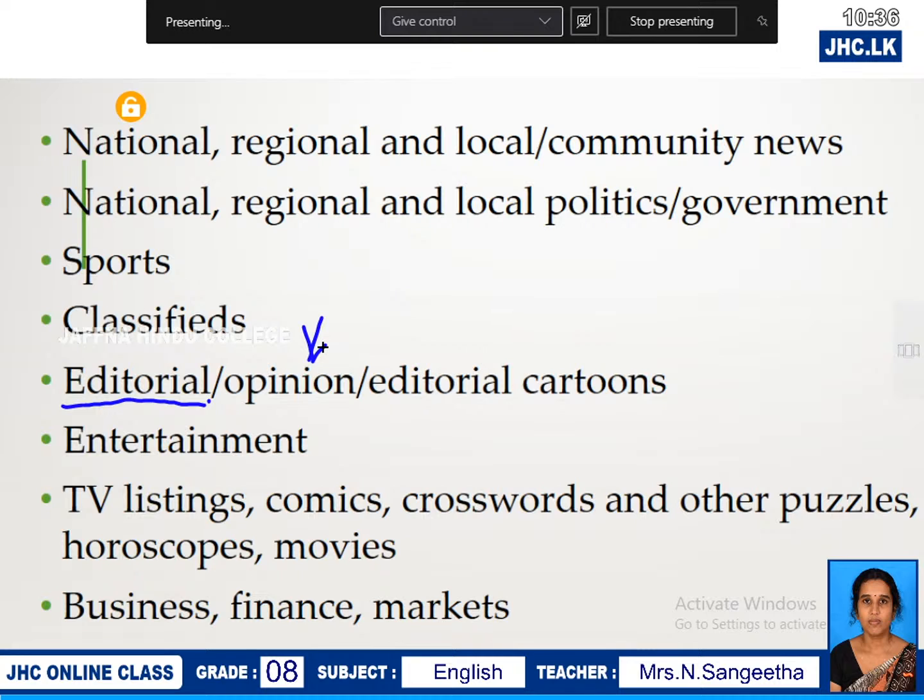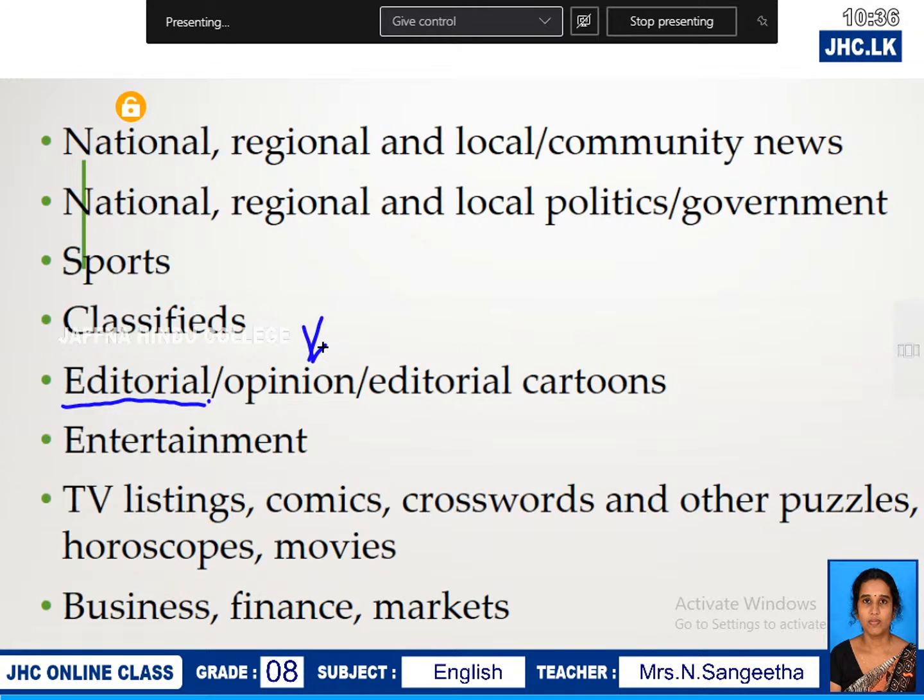We should read the editorial importantly. கட்டாயமாக நாங்கள் வாசிக்க வேண்டிய எடிட்டோரியல், கார்ட்டூன்ஸ், ஒப்பீனியன். ரைட்.